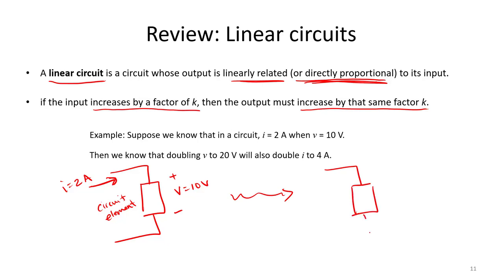If my circuit has linear behavior, then what we'll see is that if I change my current to 4 amps, then our voltage will also proportionately double. So notice if we double the input, we will also double the output. So this is an example of a linear circuit. Everything increases proportionally. If we increase our input by a factor of 2, the output will also increase by a factor of 2.